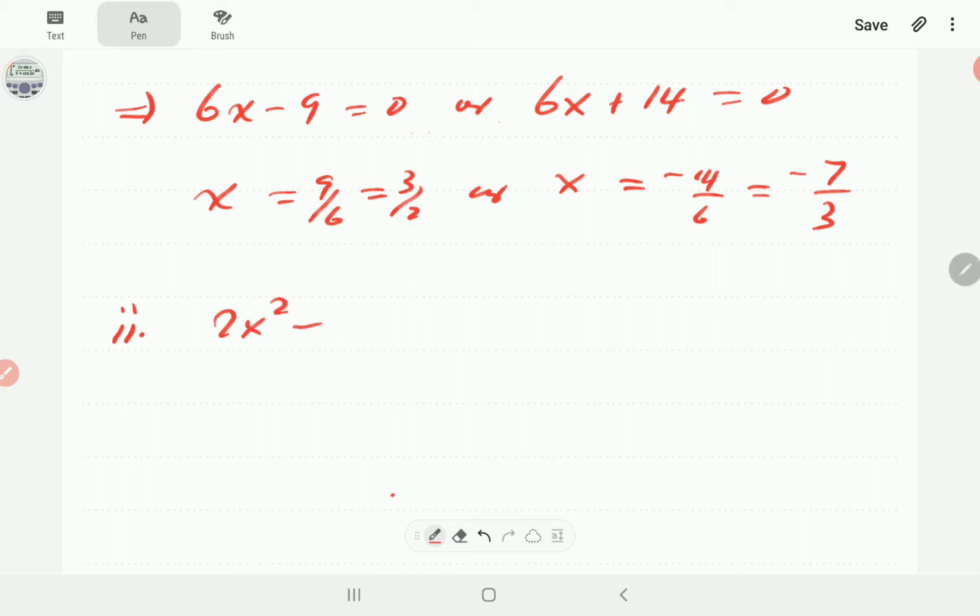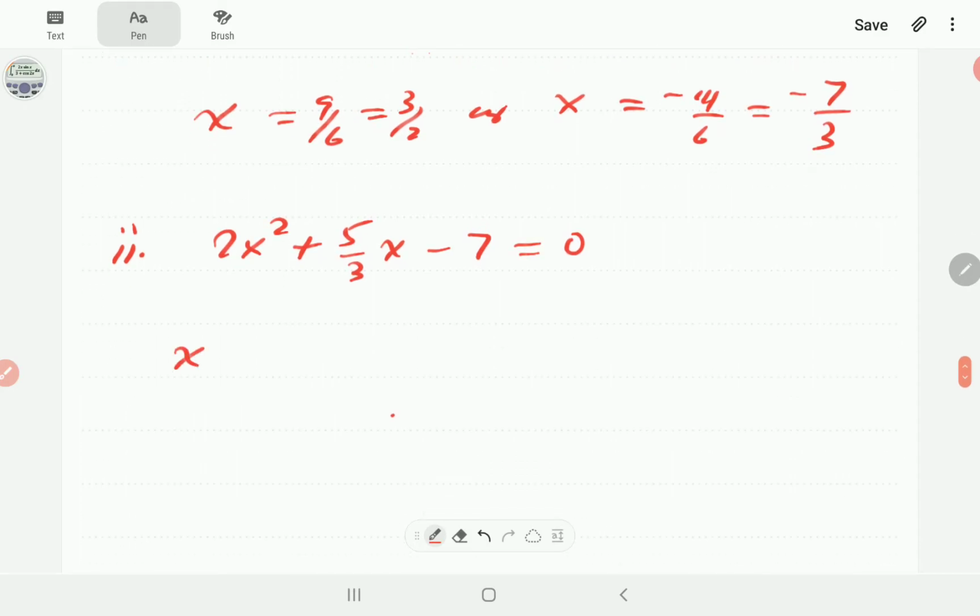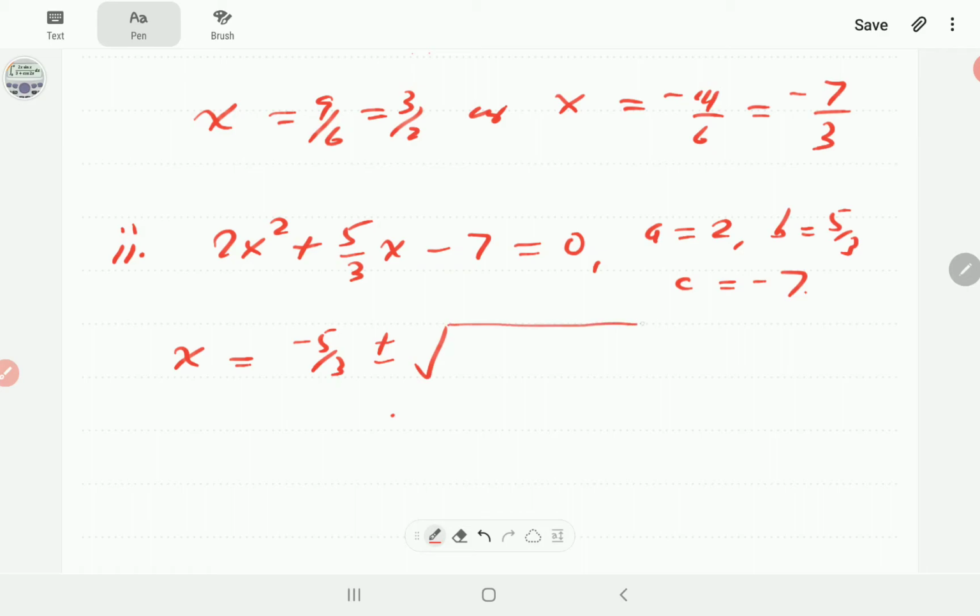So we've got 2x squared plus 5/3 x minus 7 is equal to 0. So from here, a is 2, b is 5/3 and c is -7. So x is going to be negative b, which is negative 5/3, plus or minus the square root of b squared minus 4ac.